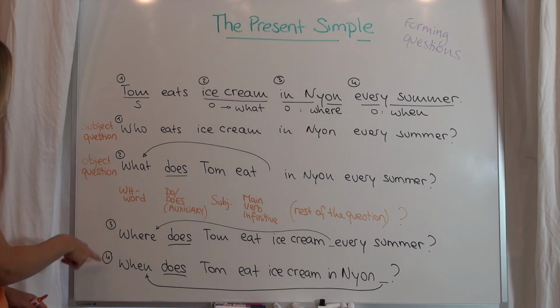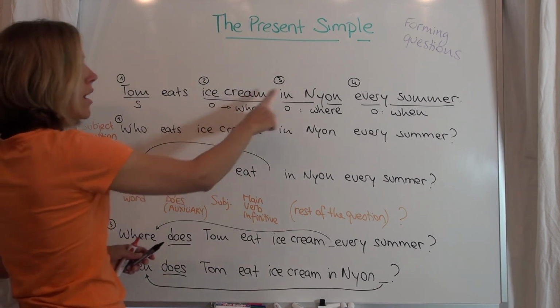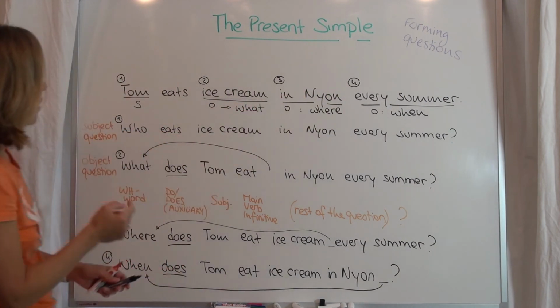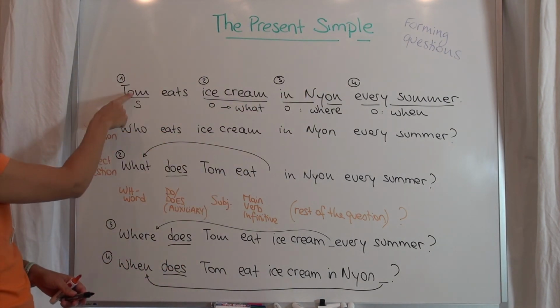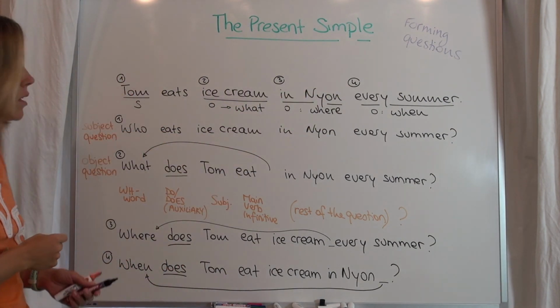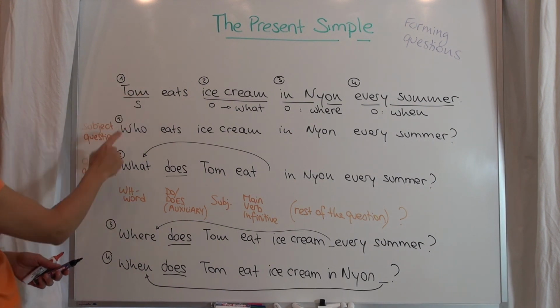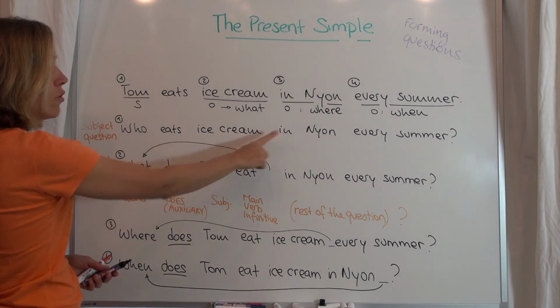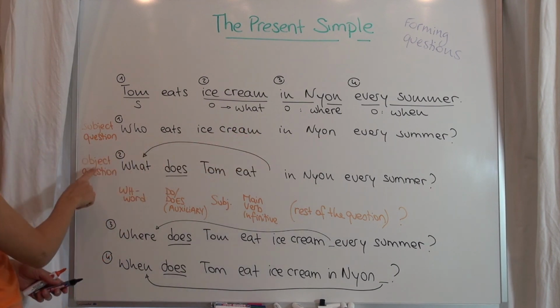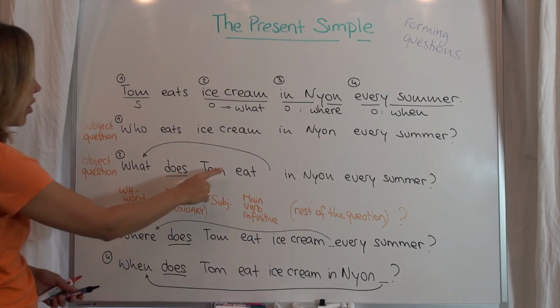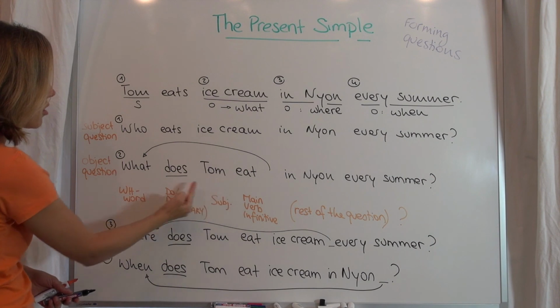So here you have 3 object questions because they ask about the objects. And here you have a subject question because it asks about the subject. So in subject questions, you have no inversion, whereas in object questions, you have that inversion with the does.